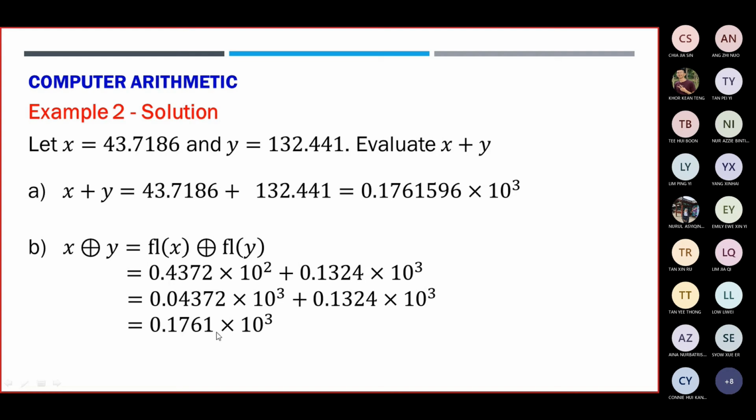So first, you change it into the NDFP form.